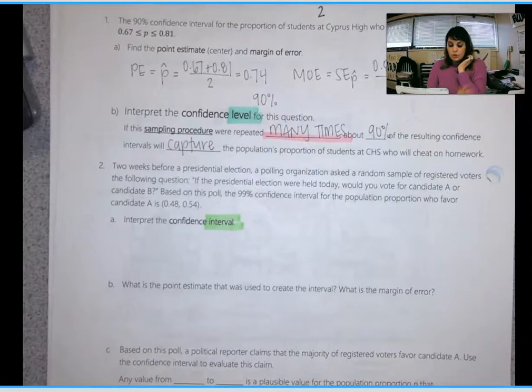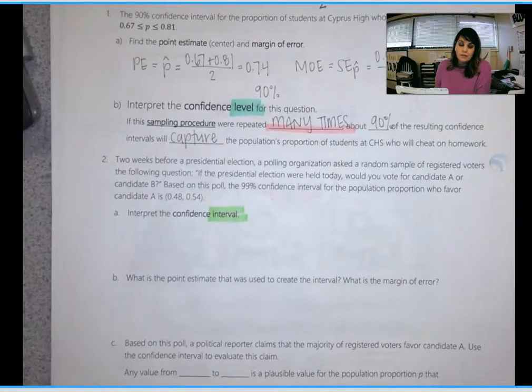Okay, so 2 says 2 weeks before a presidential election, a polling organization asked a random sample of registered voters the following question. If the presidential election were held today, would you vote for candidate A or candidate B? Based on this poll, the 99% confidence interval for the population proportion who favor candidate A is 48% to 54%.